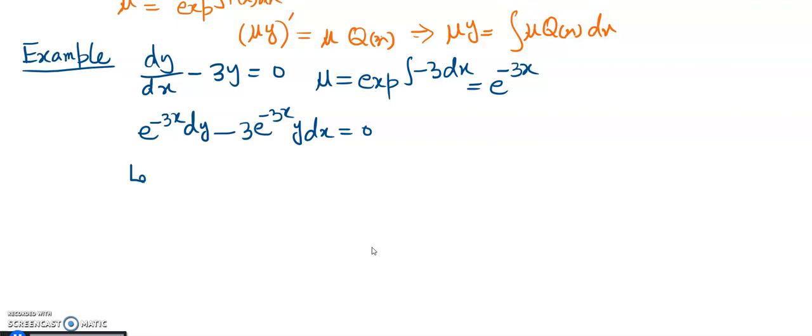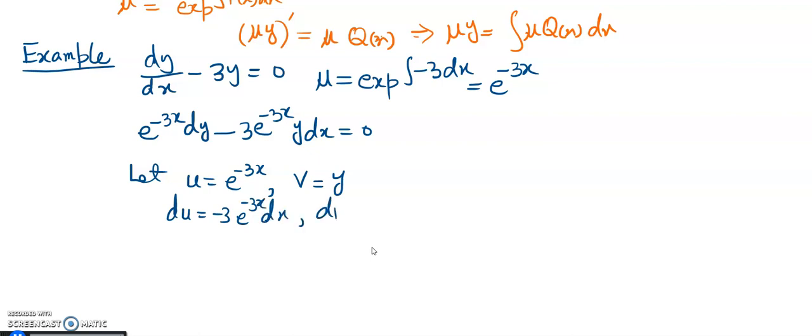Let u be equal to e to the power minus 3x, and v be equal to y. So what will be du? du will be minus 3 e to the power minus 3x dx, and dv will be dy.